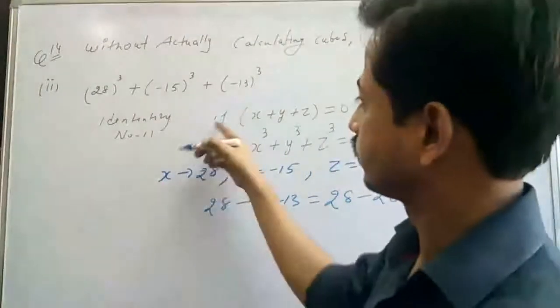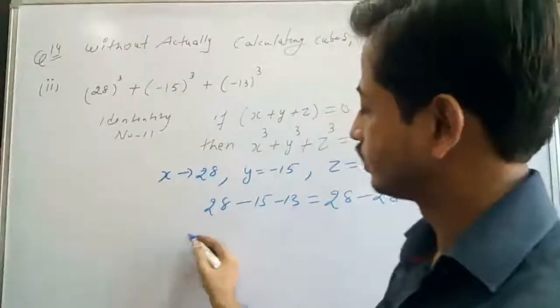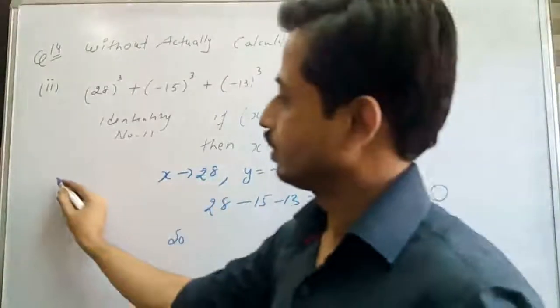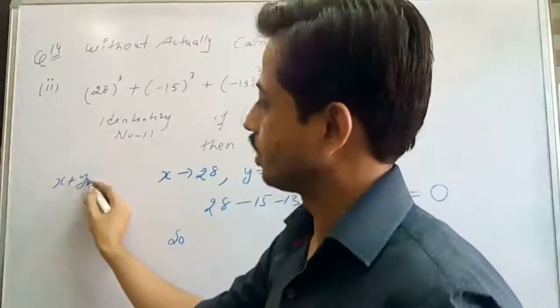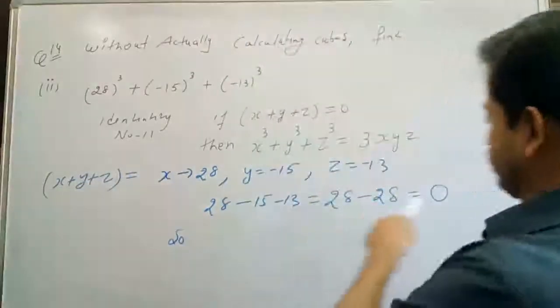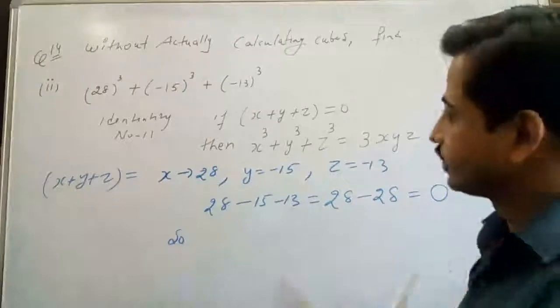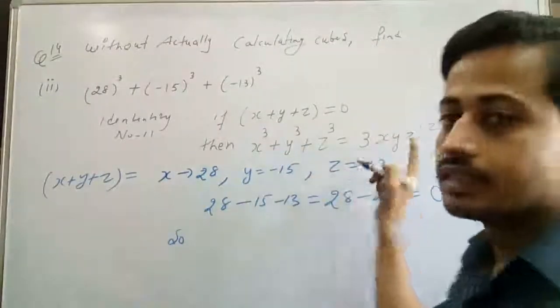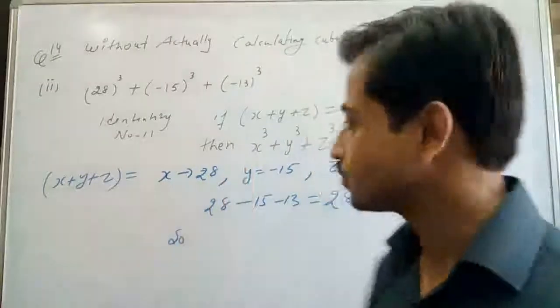So x plus y plus z is equal to 0. Then the result we can apply. This whole cube is equal to 3 into x into y into z.